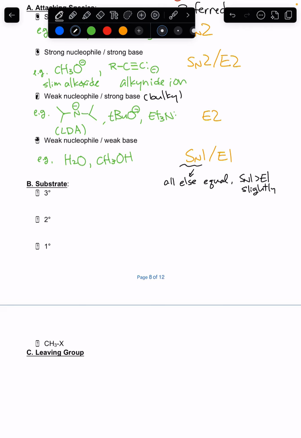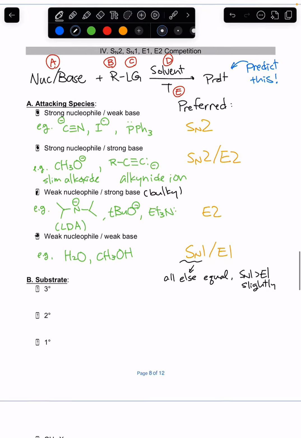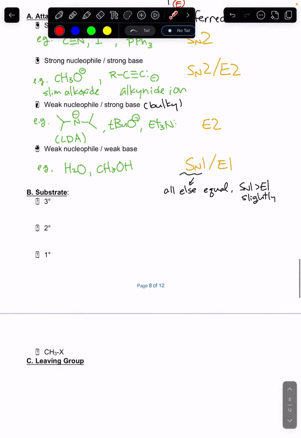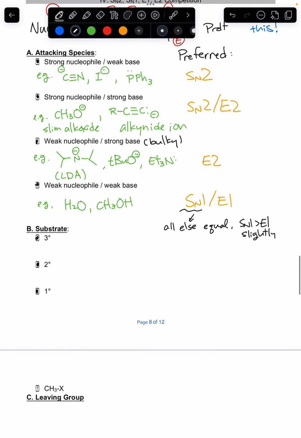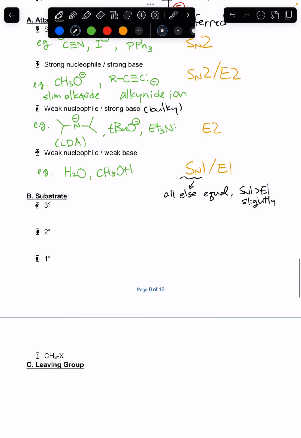Okay. Now let's think about the substrate. So this factor. That substrate, of course, could be tertiary, secondary, or a primary, right? A tertiary example would be something like that. Secondary would be like that. Primary would be like that. But then what happens?